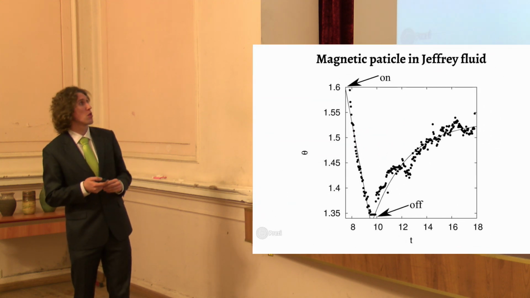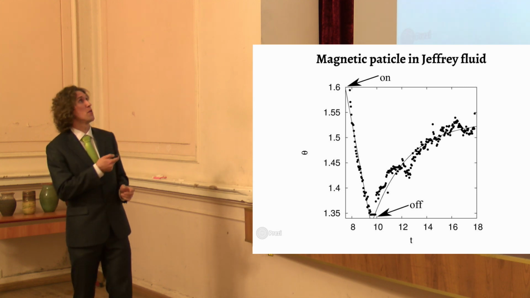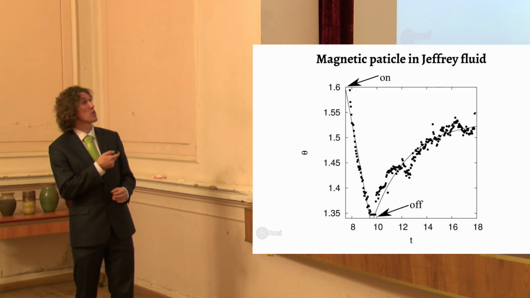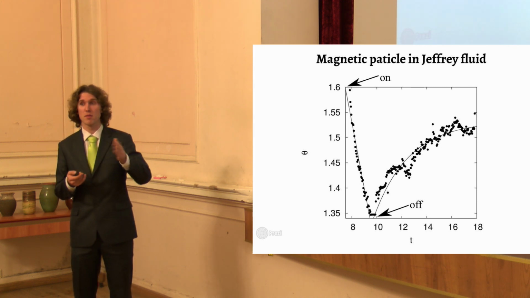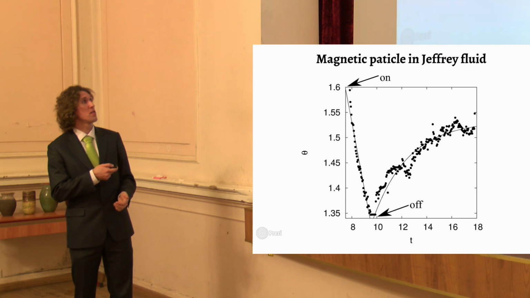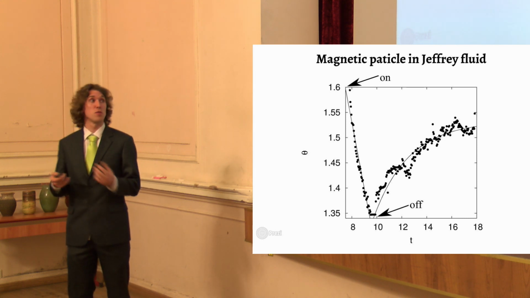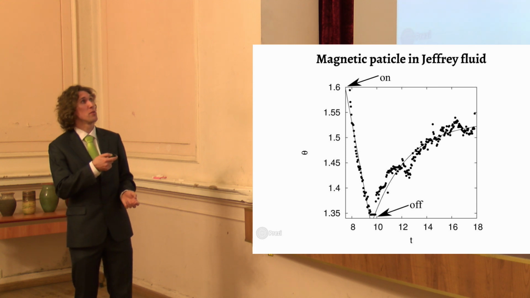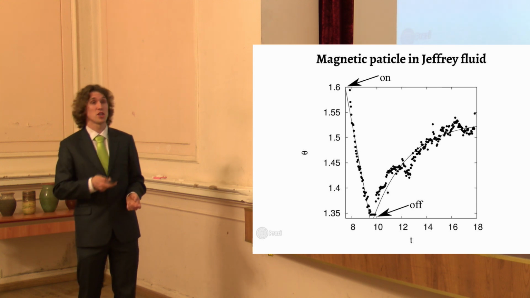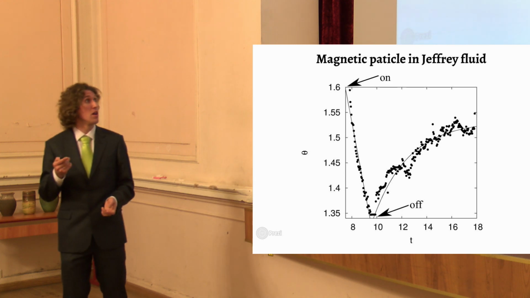I have also worked a bit on rheological measurements with the particle. When we turn the field on, the particle moves in one way, and then when the field is turned off, if the fluid is viscoelastic, then the particle moves a bit backwards, and from these trajectories we can calculate the viscoelastic properties of the fluid.